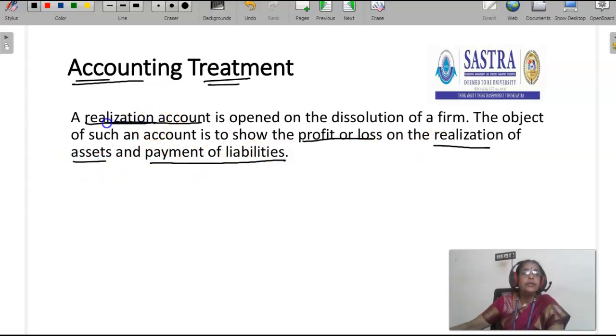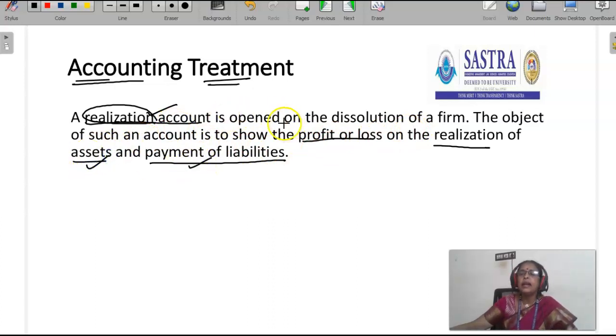You have to understand one thing here. This is a realization account. So far we have seen the revaluation account in the case of death, retirement, admission and all. Here we have to prepare a realization account. This realization account shows the profit or loss on the realization of assets and payment of liabilities.